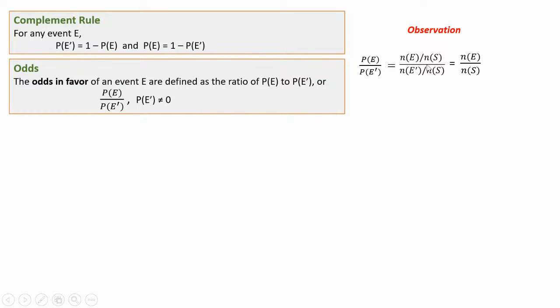When you divide two fractions, this division becomes multiplication, and the second fraction, you flip it. If you notice, these will cancel to 1. So what's left? N of E over N of not E. So this is what we're going to be using. Okay? Let me show you the example.